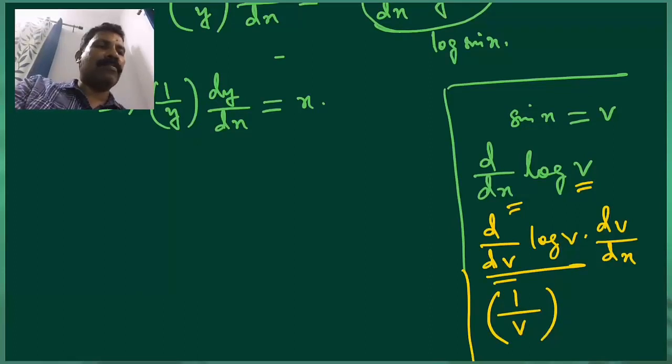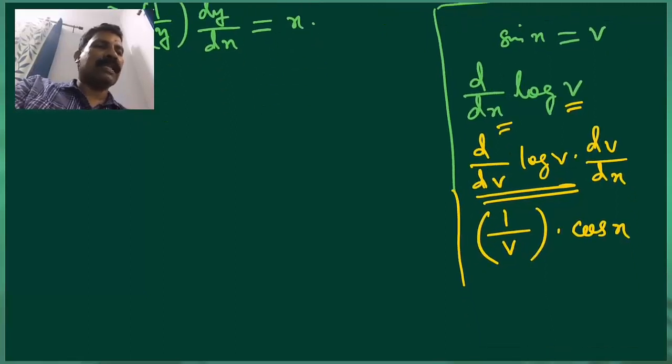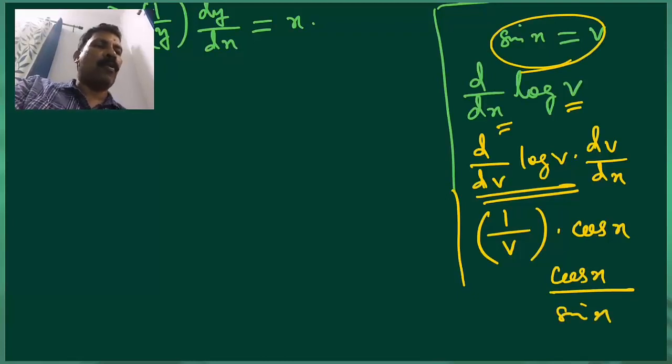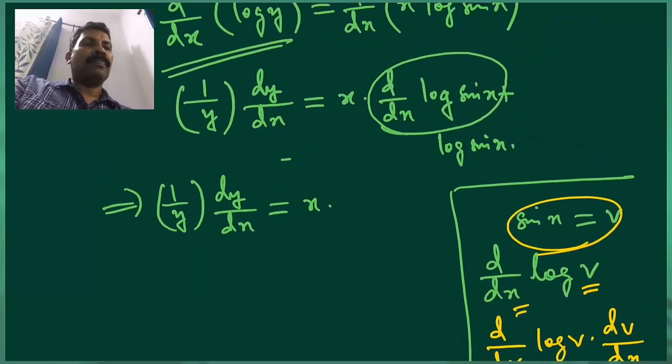How is it? Derivative of log v is 1 by v into dv. What is v? v means sin x. So derivative of sin x with respect to x is cos x. That is cos x by v. v means sin x. That is you have cot x.